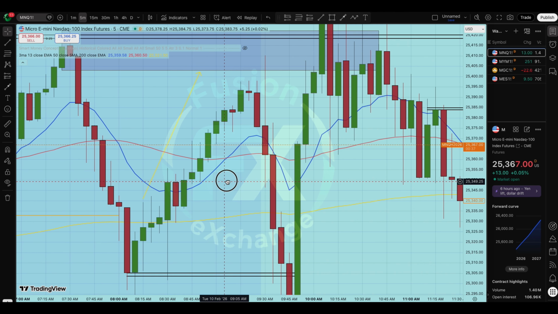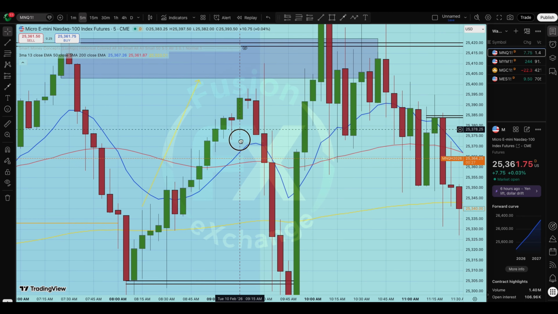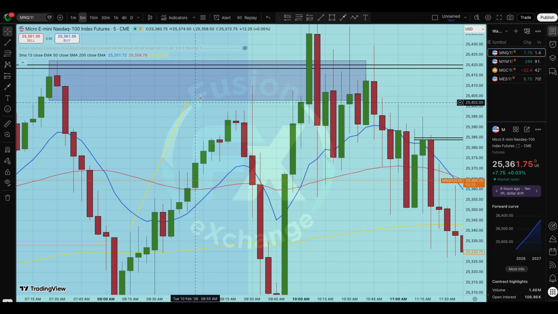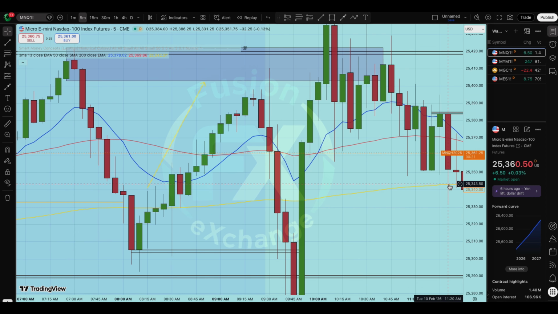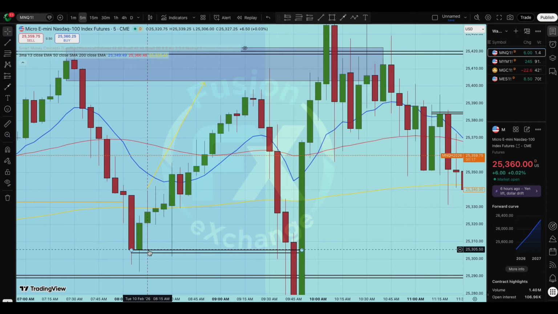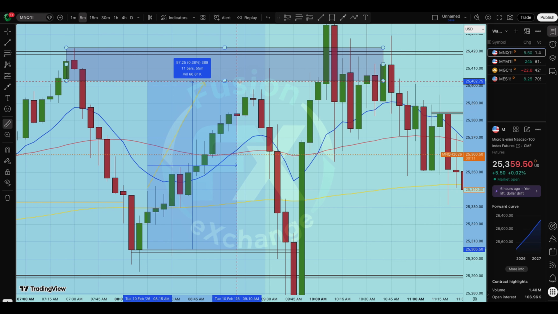So now price continues up in pre-New York, from about 8 o'clock all the way up to 9:30. I'm kind of skeptical about this because of the distance, not the length of the zone, but the length from where price is up towards the zone. As you can see, basically 97 ticks.